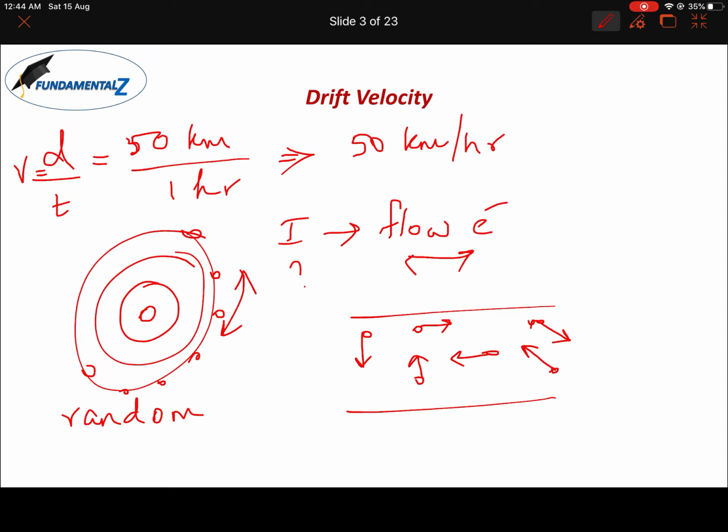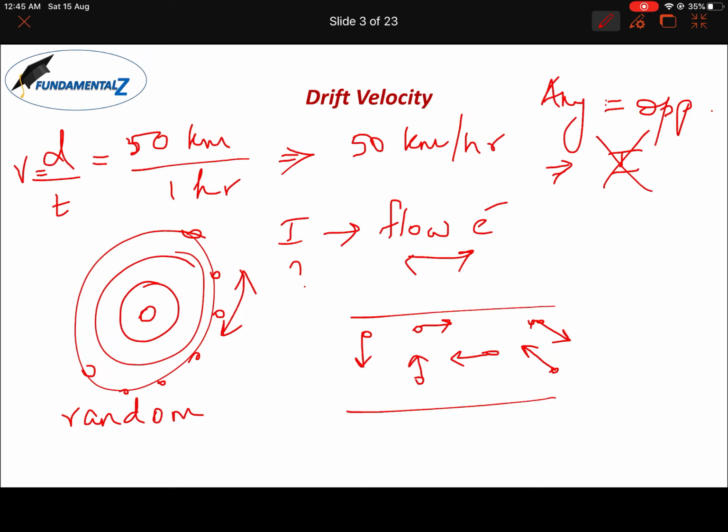So the number of electrons in any direction must be equal to the number of electrons in the opposite direction. That means the electrons are traveling in opposite directions in equal numbers, which means current flow is not possible.